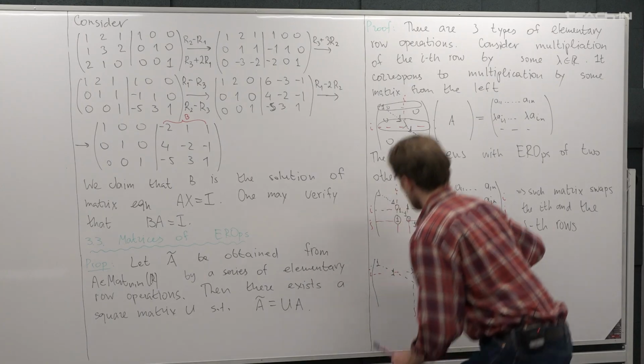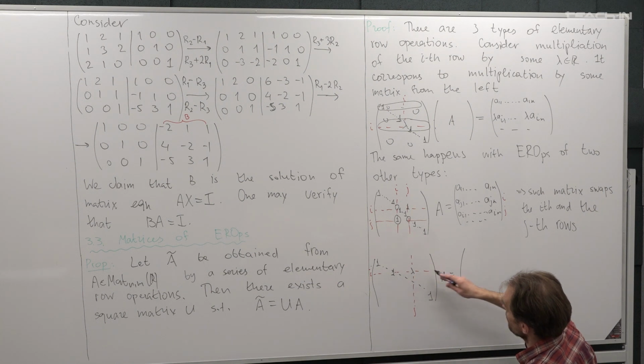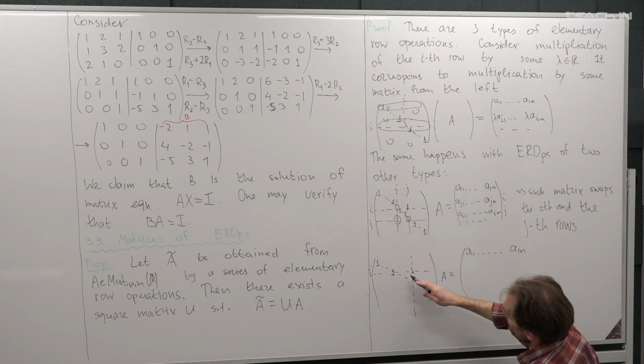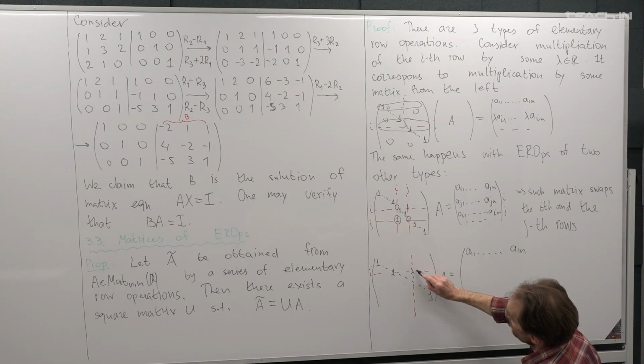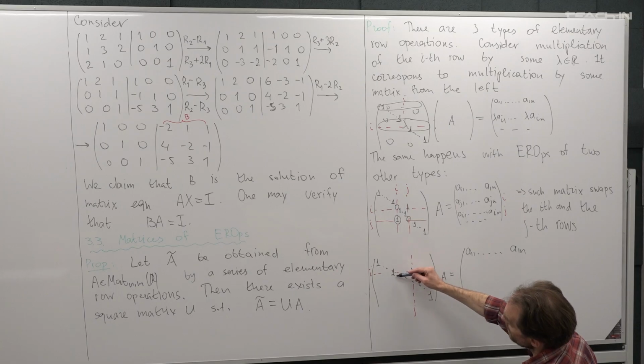So what happens when we carry out this multiplication? All rows except for the ith will remain unchanged. And what happens to the ith row? Here we take the element that is on the ith position, and so when we multiply columns of the matrix A by the ith row of this matrix, we take the elements that are on the ith position in every column, and we add the element that is on the jth position multiplied by lambda.